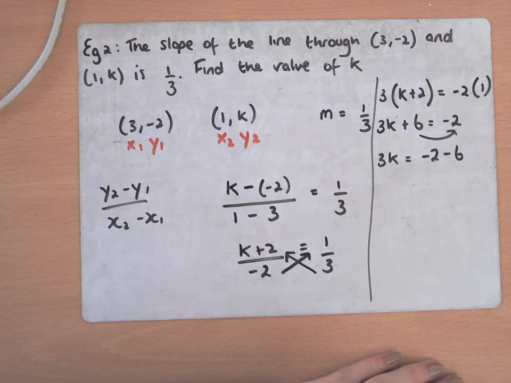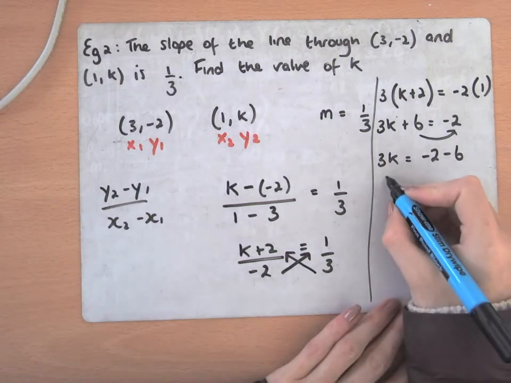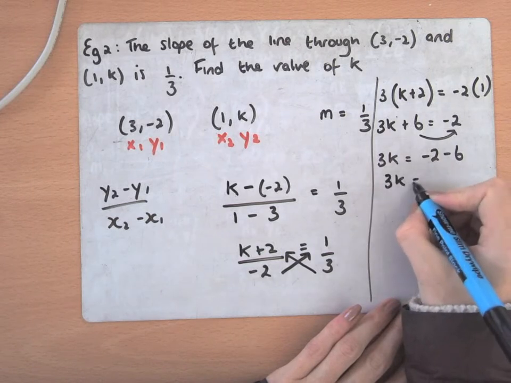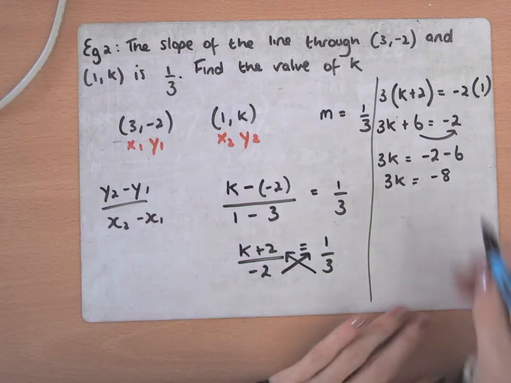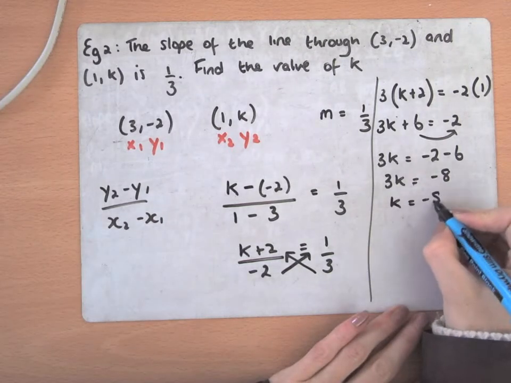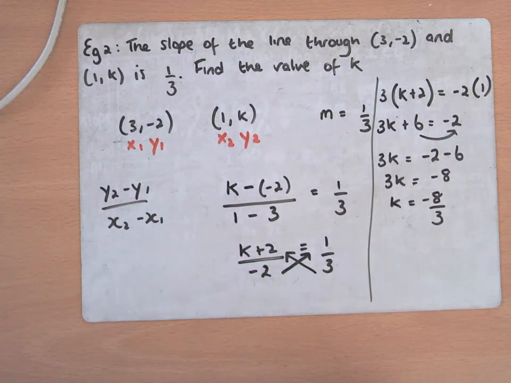So that 6 comes over, becomes a minus 6. So 3k is minus 8. So then k is minus 8 over 3. Is that okay?